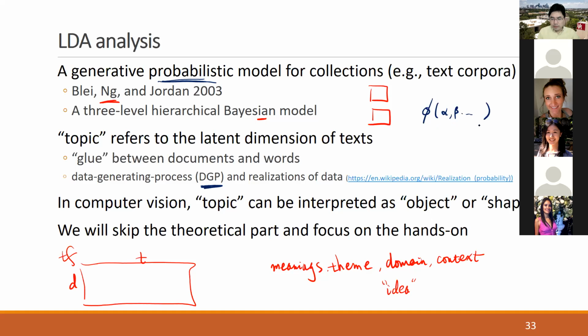We get to observe whatever we observe, but regardless of how the observation changes, the law doesn't change. So this is what they call a data generating process.